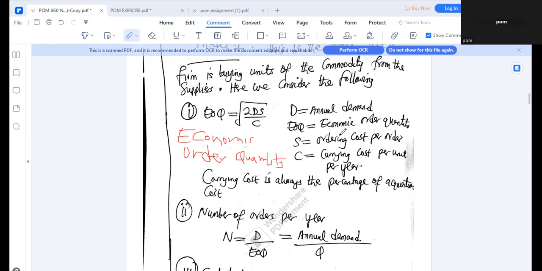So we have D, which is our annual demand. Then we have economic order quantity, that is EOQ. Then S is representing ordering cost per order. Then C is representing carrying cost per unit per year, or holding cost.